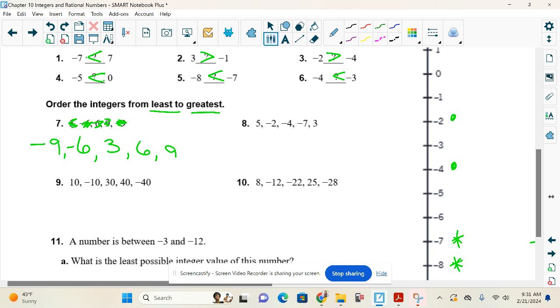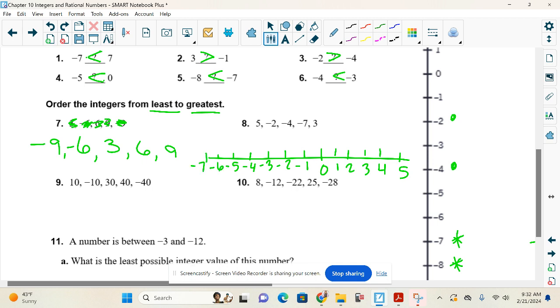If it's hard to visualize and see that, I would put it on a number line. Like number 8, here's 0, 1, 2, 3, 4, 5. So when you picture the negatives, you just switch. It's the opposite of what you would think.